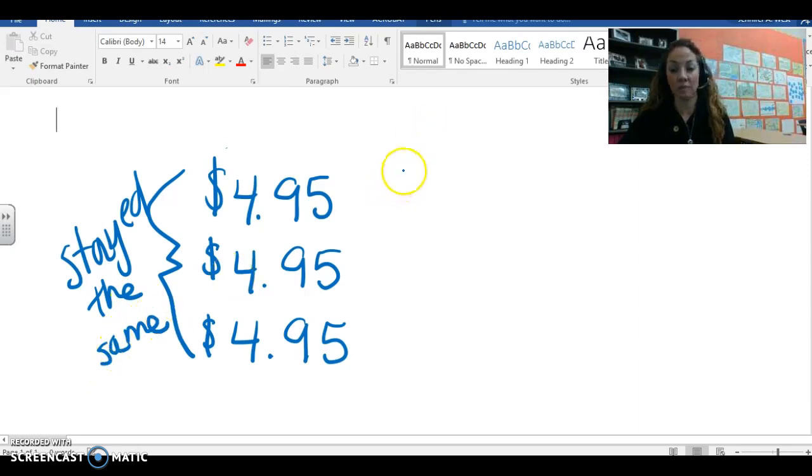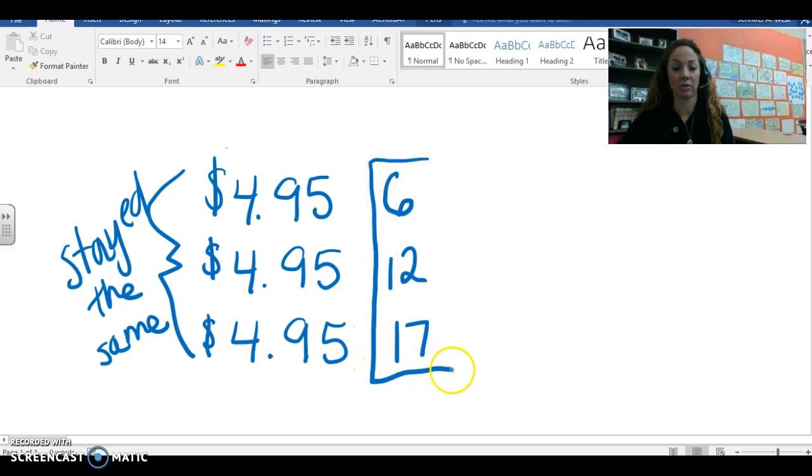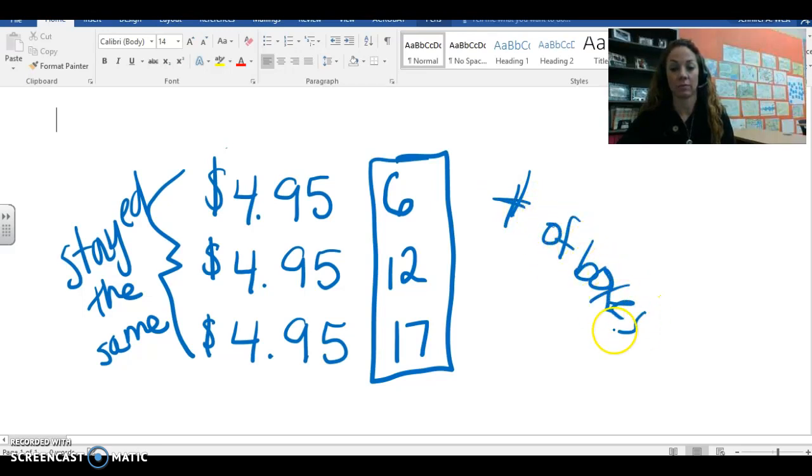The cost of the number of boxes that we shipped, though, that is the part, that's the number that changed, the quantity that changed. So number of boxes changed. Or varied.